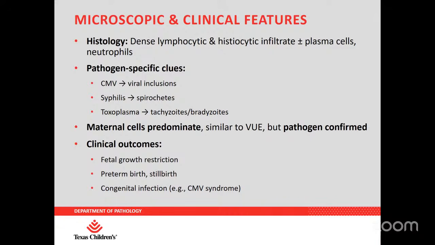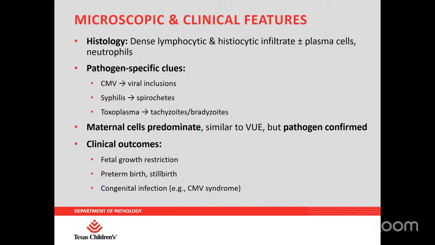Microscopically, it shows a dense infiltrate of lymphocytes and macrophages within the villous stroma, similar to the non-infectious form, but sometimes mixed with plasma cells, which can be a clue, or neutrophils. Each pathogen can leave its own distinctive fingerprint. For example, CMV produces the classic intranuclear inclusions, while syphilis can show delicate spirochetes on silver stains.